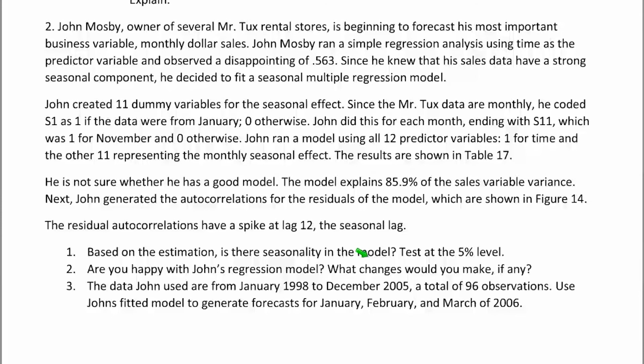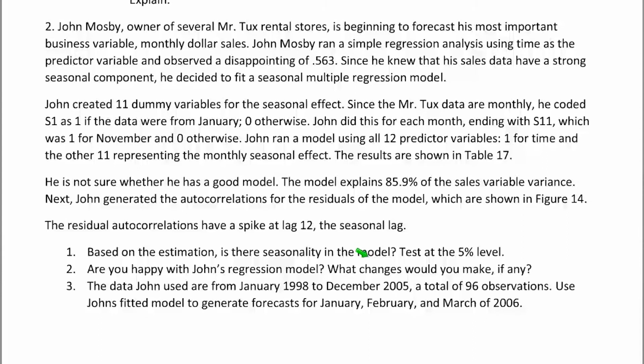John ran the model using all 12 predictor variables, 1 for time and the other 11 representing the monthly seasonal effect. The results are shown in Table 17. He's not sure whether he has a good model. The model explains 85.9% of the sales variable variance, which is the adjusted R-squared. Next, John generated the autocorrelations for the residuals of the model, which are shown in Figure 14. The residual autocorrelation has a spike at lag 12, the seasonal lag. 3 questions.